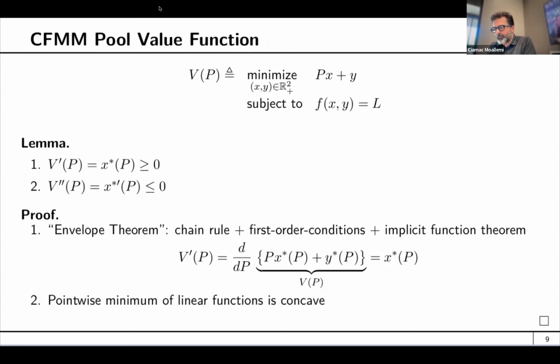The second part of the lemma really has two parts. The first part is simply that the second derivative of the pool value function is the first derivative of the demand curve, and that's simply differentiating both sides of the first part. But the second part is that both of these objects are negative, and that's a standard fact also from convex analysis. Here we have a pointwise minimum of linear functions, and that is always concave.